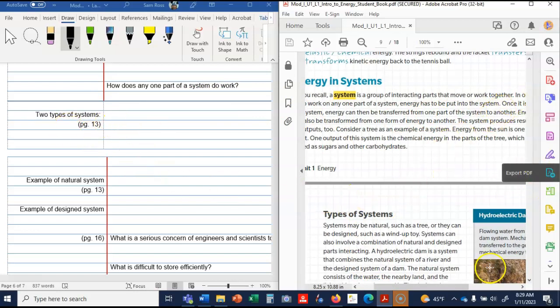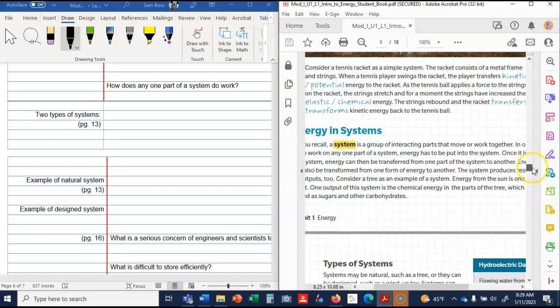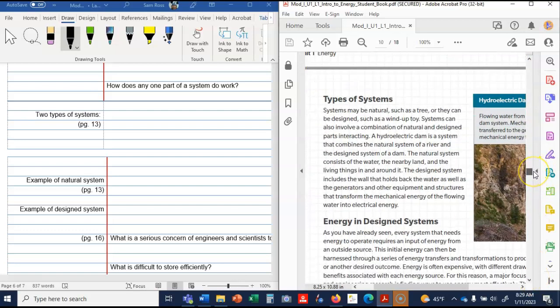And there are two types of systems. That's going to be on 13. Types of systems right there. So systems can be natural or designed. If I would read the entire sentence, I would have it.